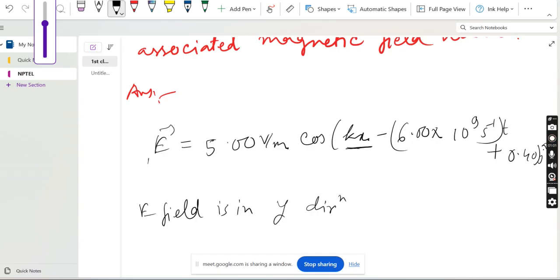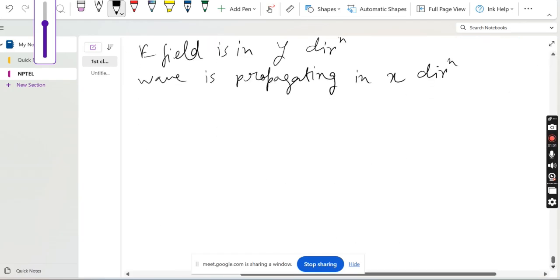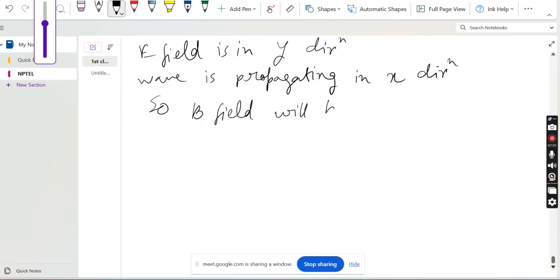Here it is kx, so the wave is propagating in the x direction. So the magnetic field will be in the z direction.